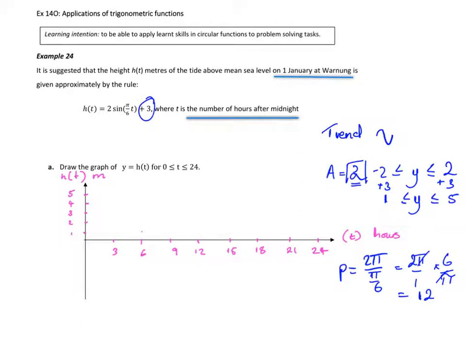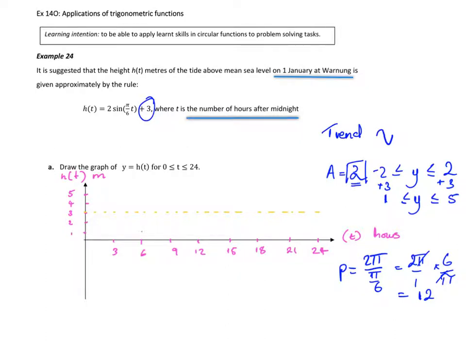Now we know that the graph has been moved up 3 places, which means my middle has been moved up 3, and therefore I'm going to put a line there so that I know that that's where my graph is going to oscillate. And it's a very light line. If you're going to do one, make sure you do it very lightly, because it's not really part of your graph.